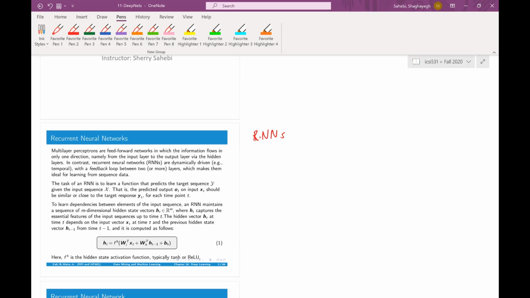Suppose that we are trying to translate a sentence from Spanish to English. Now, in your sentence, the order of words matters. The sentence is a sequence of words, right?